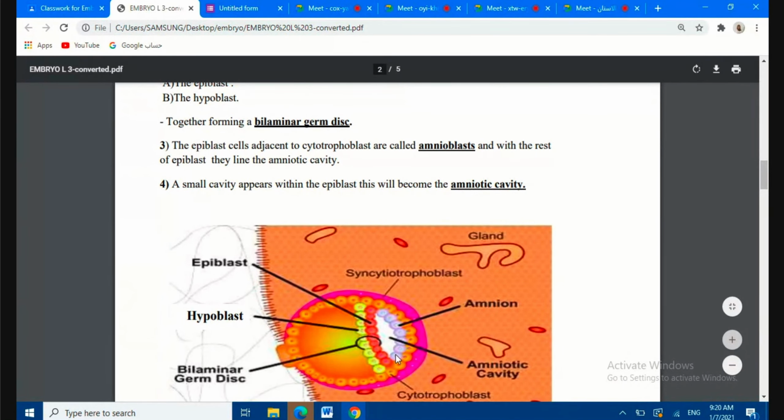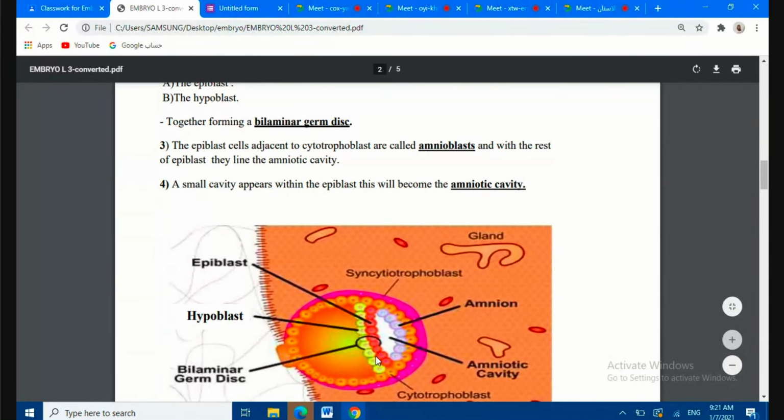These cells formed from the epiblast we will call, the blue one, amnioblasts. It is a new term, and we must know that amnioblasts are formed from the epiblast. So the epiblast cells that are formed adjacent to the cytotrophoblast are called amnioblasts.